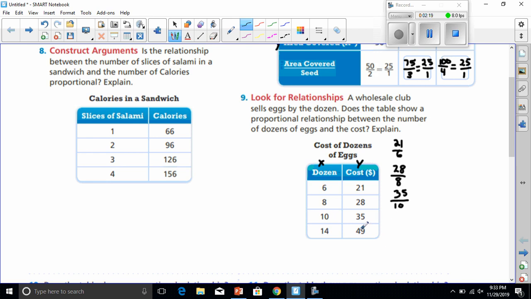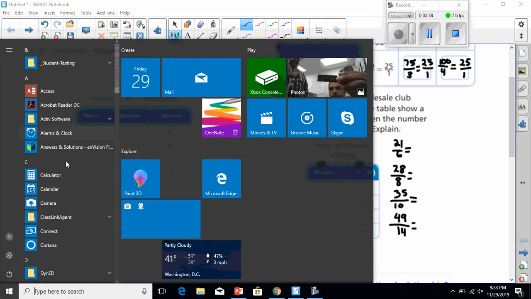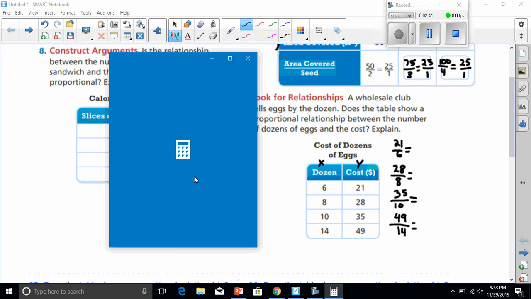And the last one would be 49 over 14. Now all these have to have the same ratio if this is proportional, and that's what the question is asking us. Does the table show a proportional relationship? So let's get our calculator out, because this looks like some complicated math here.